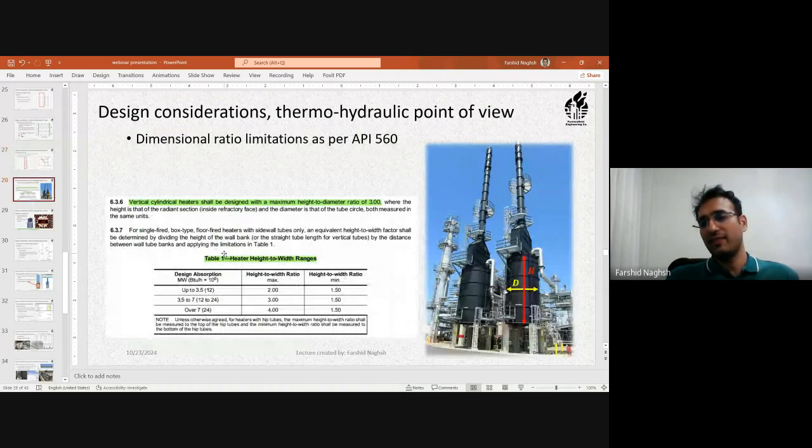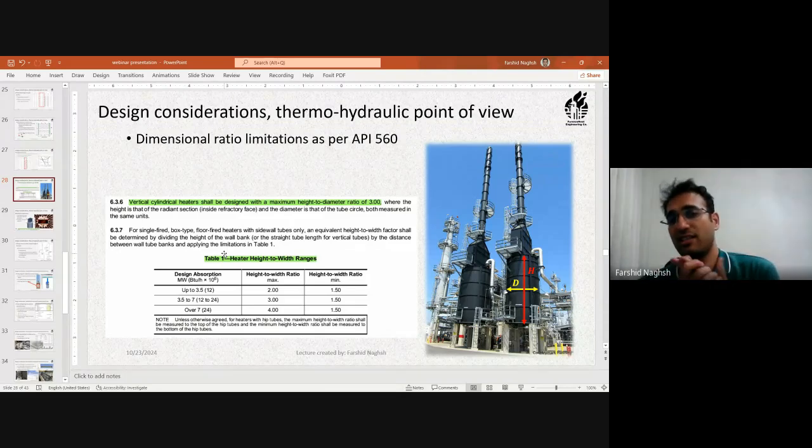I said that we need to have a uniform heat distribution inside the heater, and this is because the theory is developed with the assumption of a uniform heat distribution. To achieve this, we need to stick to certain geometrical ratios.